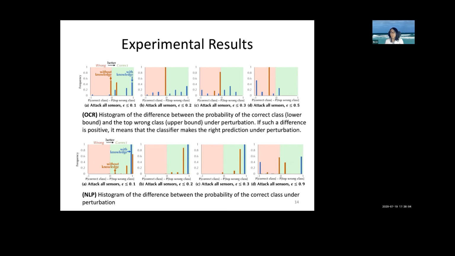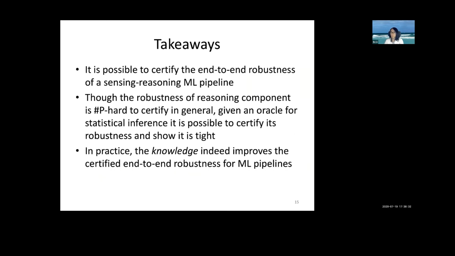So next, an interesting direction, I think, for this end-to-end sensing reasoning pipeline is that we need to find robust knowledge in terms of the uniqueness of the assignment for certain first-order logic rules. And then that will, for sure, confidently correct the prediction of any perturbed input for machine learning models. So this is the interesting future direction.